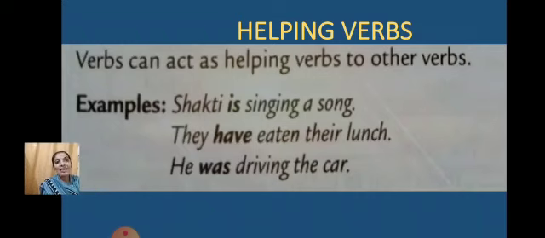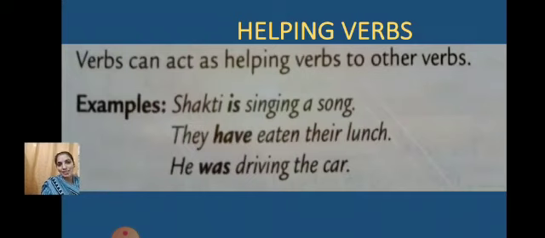But here they are used with the main verbs as helping verbs. They are supporting them. If we say Shakti is singing a song, singing is the main verb and is tells you the present time. They are supporting the main verbs to tell the time period in which the action is happening, happened or will happen.